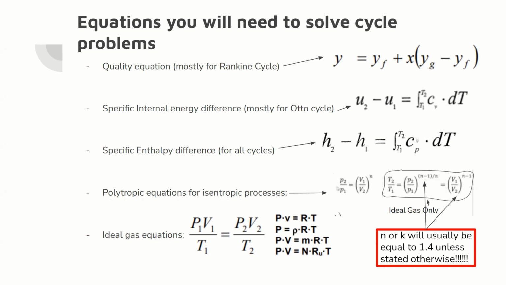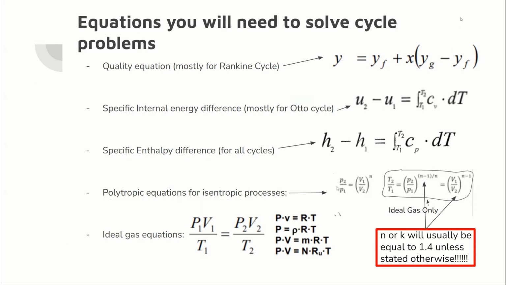Usually, choosing between CV and CP is because your cycle or process has constant pressure, in which case you would choose CP. But if your process or cycle has constant volume, then you would choose CV.